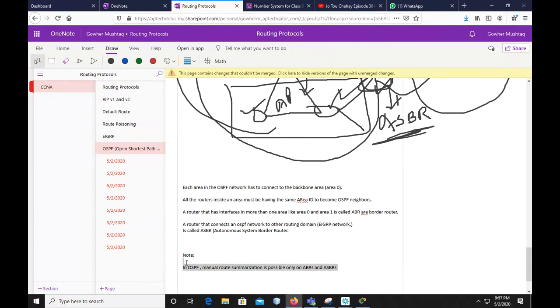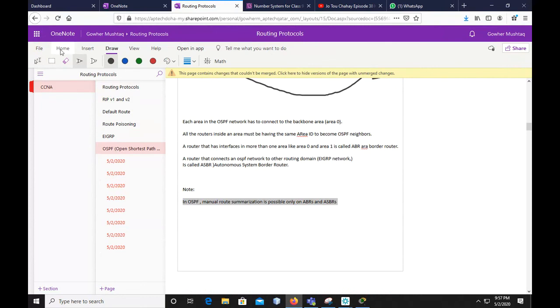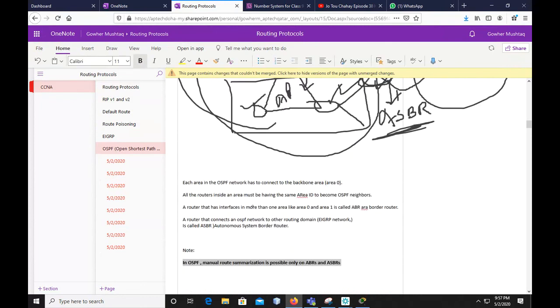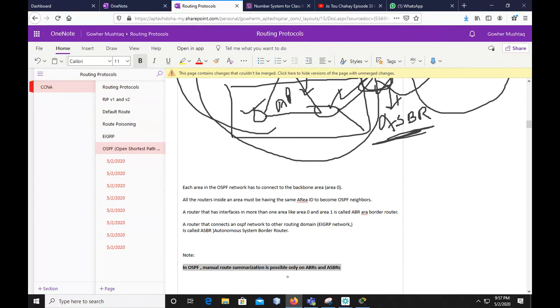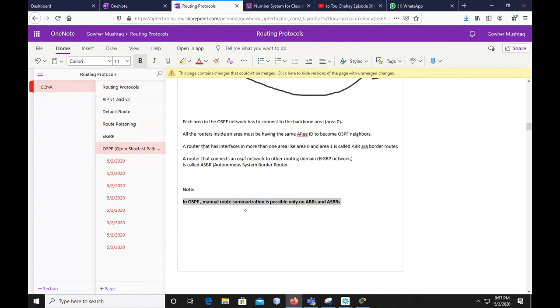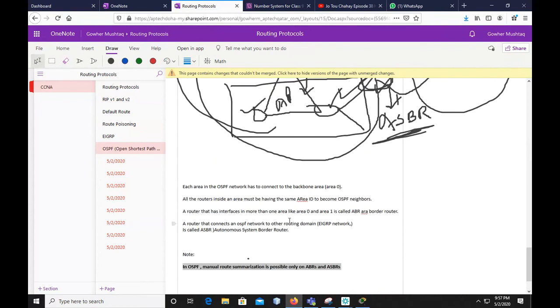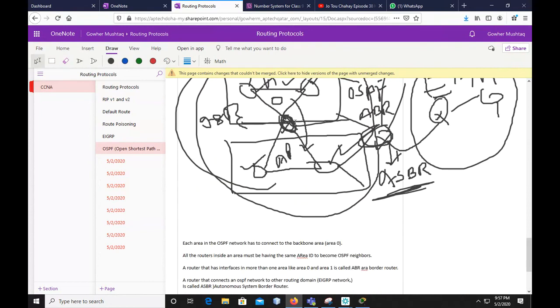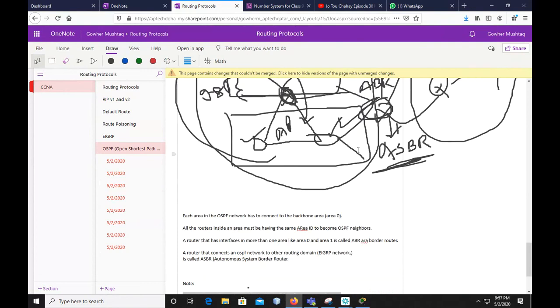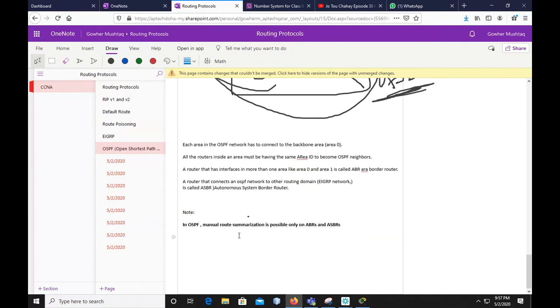So this point is very, very important. In EIGRP we can do it on any particular interface, but in OSPF we can do manual route summarization only on ABRs and ASBRs, which help us connect two areas and two different networks together, okay?